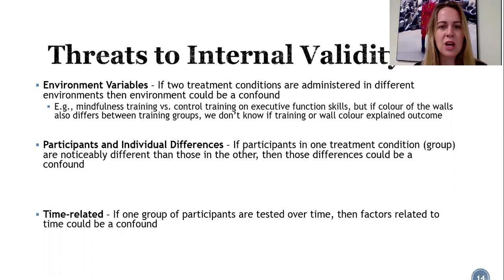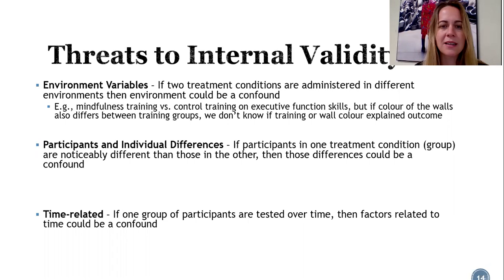If we found a difference in executive function skills in our mindfulness training group, we wouldn't know if it was the mindfulness training or if it was features of the environment, the color of the walls and the fact that there was no light in that other group. If those conditions in the environment systematically differed between groups and could potentially impact the children's executive function skills, then this would be a confound.